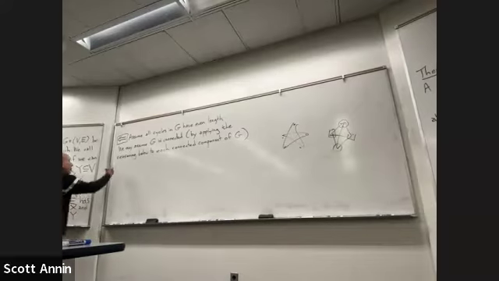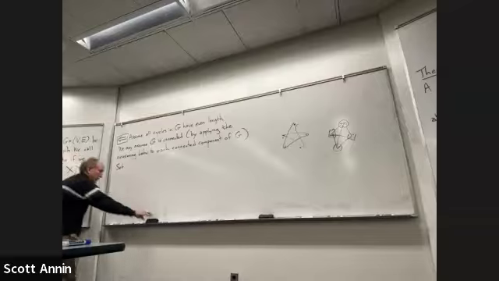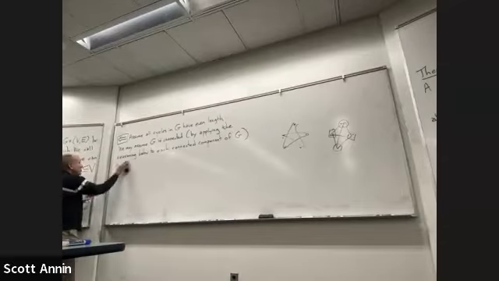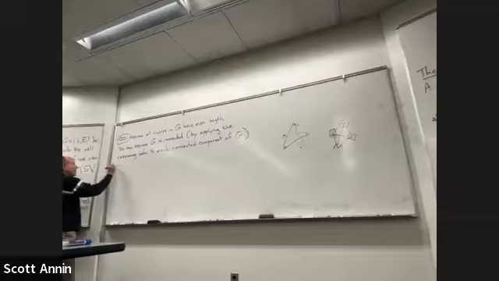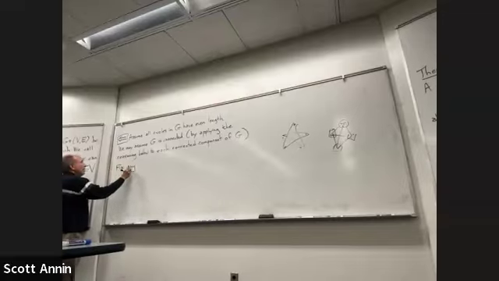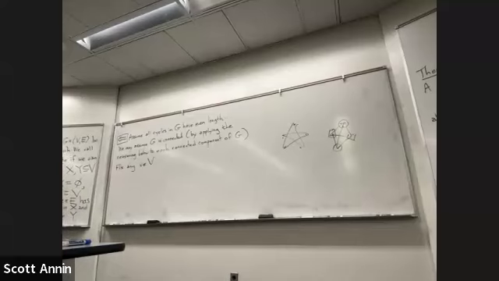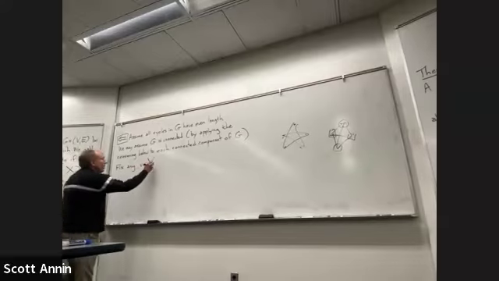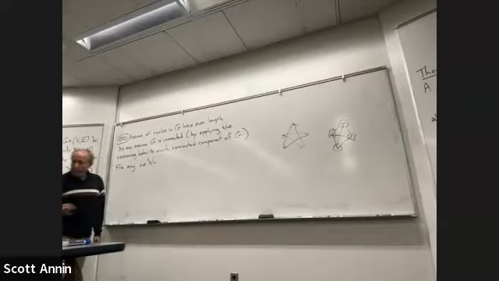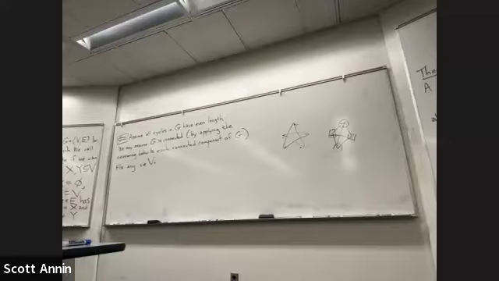Now, here's what I'm going to do. Let's just say fix any vertex V in the vertex set. So just start somewhere in your graph, right? And then I'm going to create my two sets. So maybe I start with blue here. And that's my V. Now I'm going to create my two sets as follows.